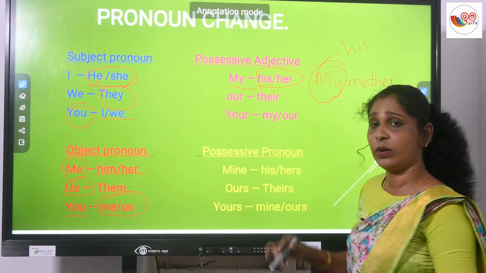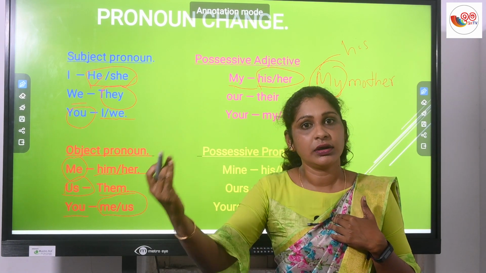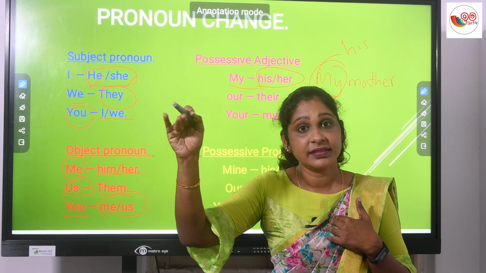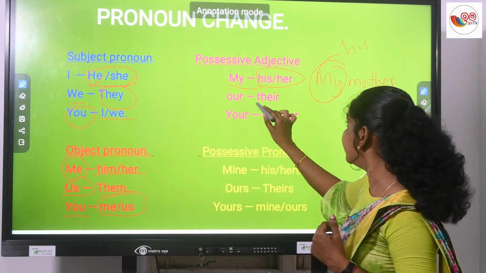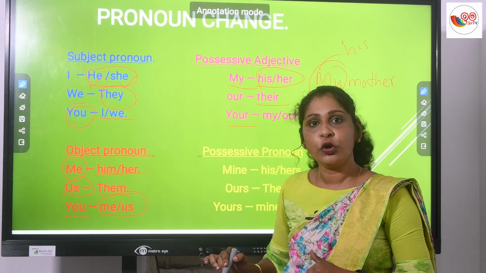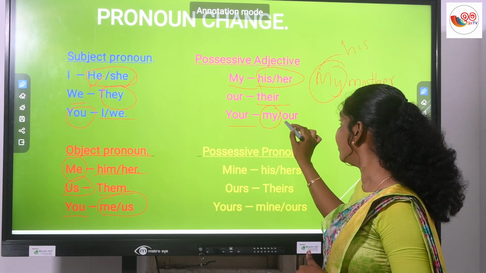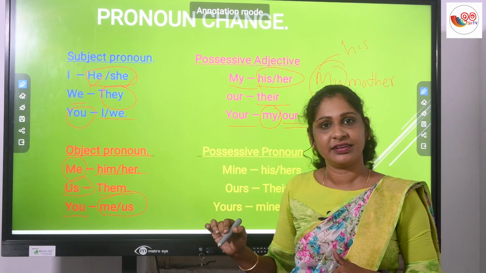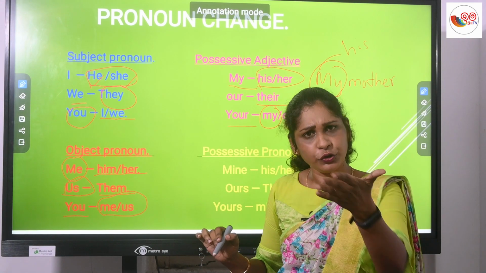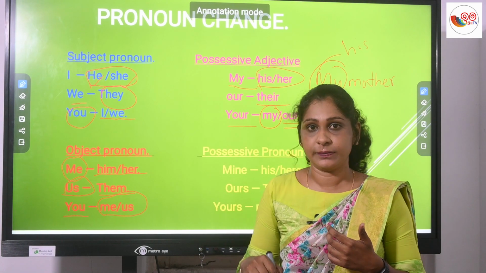Okay. Next one. Our teacher. How can you change it into reported? Their teacher. If I say your brother, it means my brother or our brother. It will be my or our.